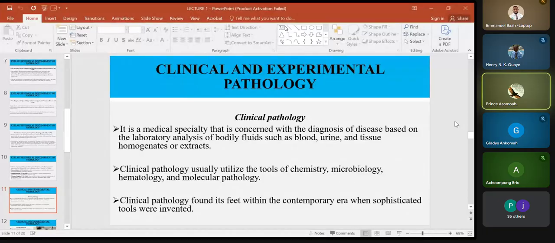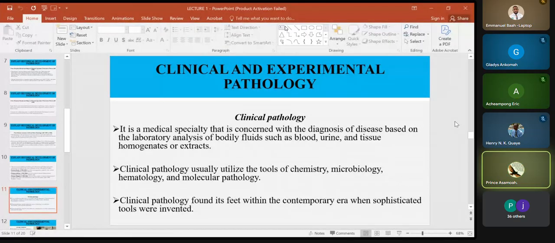So clinical pathology, we are going to diagnose a disease through lab analysis. Any of the bodily fluids or compositions. It usually utilizes the tools of chemistry, microbiology, hematology, and molecular pathology.